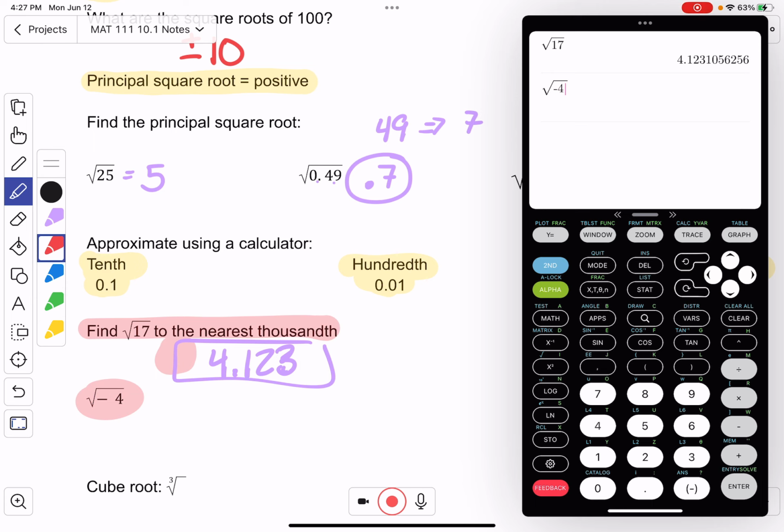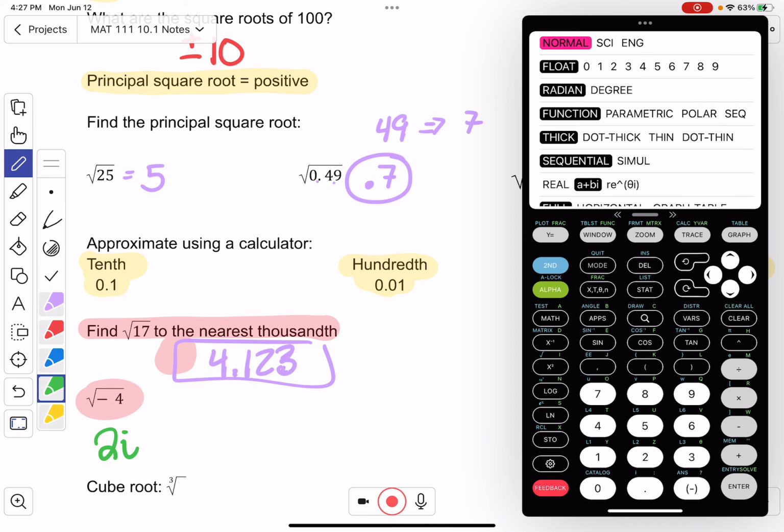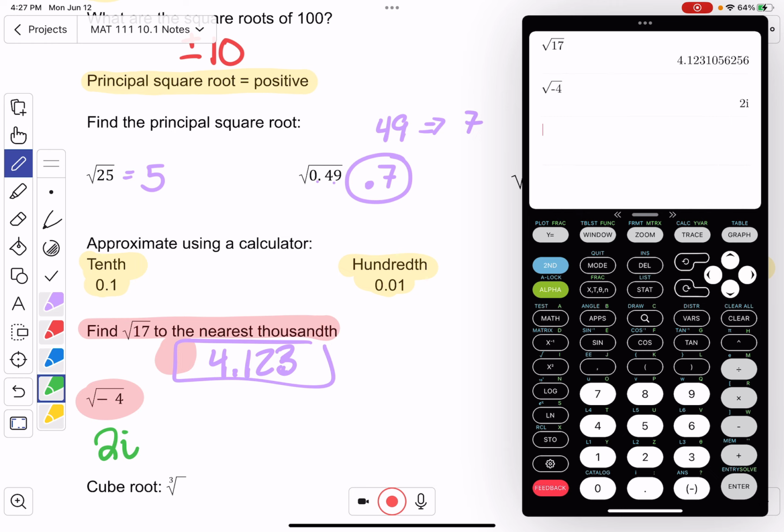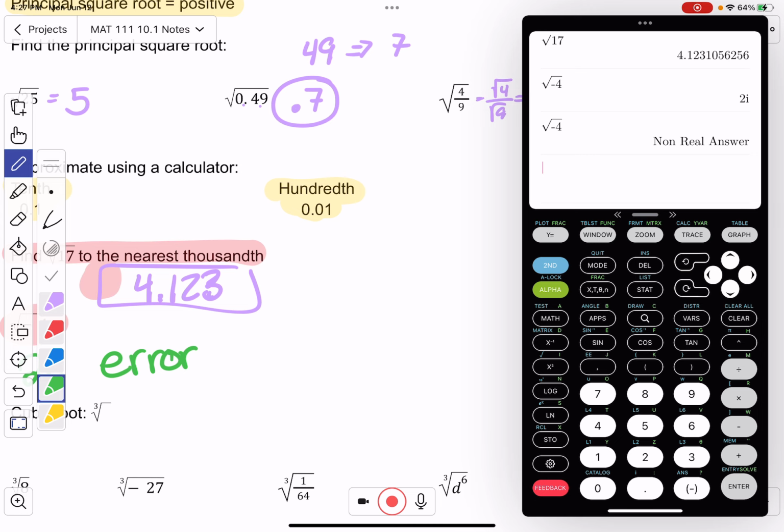Now let's look at this one, the square root of negative 4. Depending on the settings in your calculator, you might get something that says 2i, or if your calculator is currently set to real, like if you haven't used it before, you're going to get a non-real answer or an error. That is because there's no way to take 2 numbers and multiply them together and get a negative.